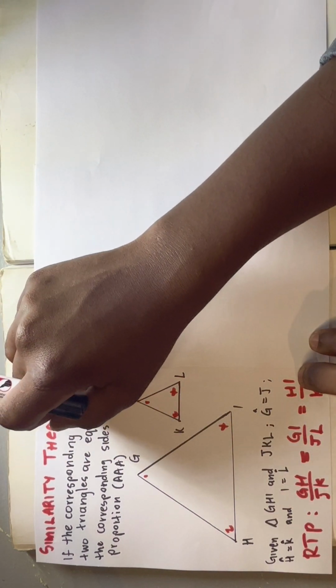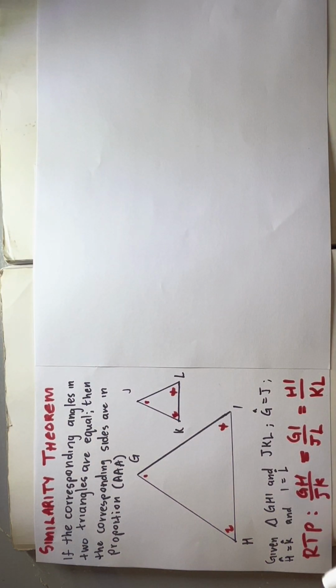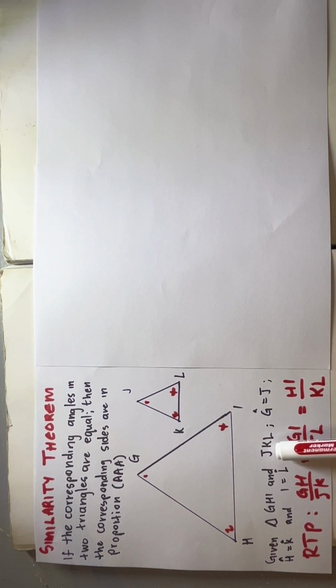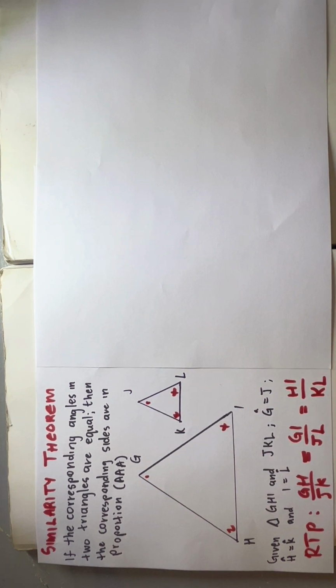So let's start. What are we given here? We are given triangle GHI, which is this bigger triangle, and triangle JKL, which is the smaller triangle. We are given that angle G is equal to angle J, which means this angle here is equal to this angle here.